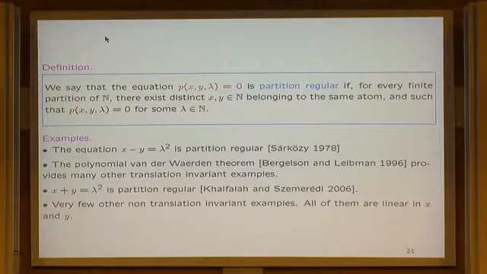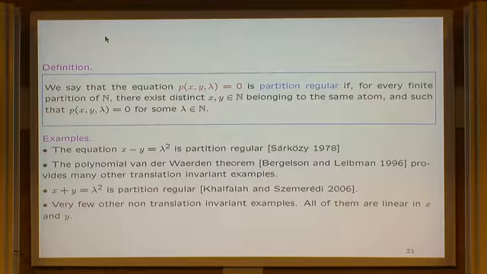Then this polynomial van der Waerden theorem by Bergelson and Leibman gives many examples like that, which are translation invariant. By translation invariant, the important variable is x and y, so we can translate everything. There is an example which is not translation invariant, which is much more recent, by Khalfalah and Szemerédi. x plus y is a square; it's much more difficult also.